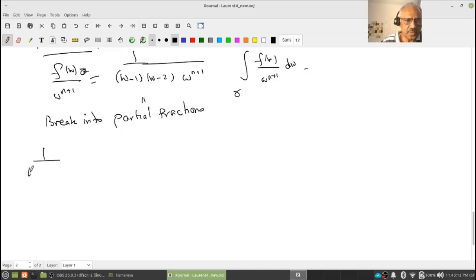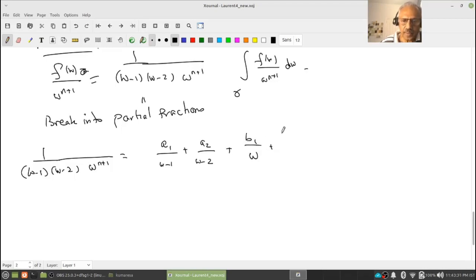So how will I do that? I can write this as a1 by (w minus 1) plus a2 by (w minus 2) plus, let us say, b1 by w plus b2 by w squared plus up to b_{n plus 1} by w power n plus 1, where a1, a2, b1, up to b_{n plus 1} are to be found.